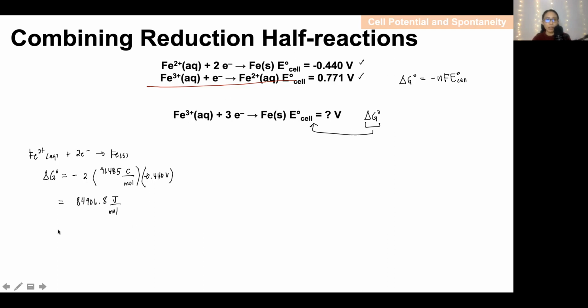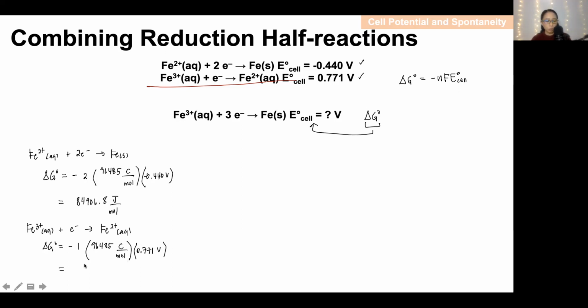Then for the second reaction, that is the reduction of iron 3 to iron 2. So the delta G naught for this reaction is negative 1 times 96,485 coulombs per mole times that standard cell potential, 0.771 volt.